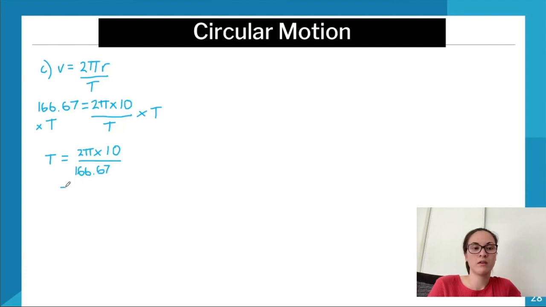Cool. Now I'll put that into the calculator. I'm just thinking, for this part, put your calculator into radians because we're dealing with pi. So 2 pi times 10 over 166.67.